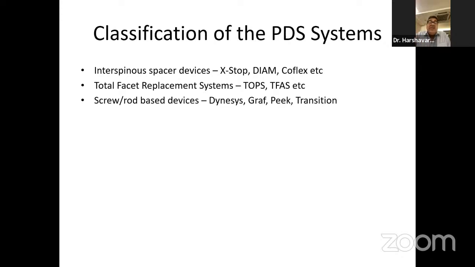The second one, total facet replacement, was never available. The DIAM and the X-Stop worked in some cases, but in most cases they were not applicable. Screw-based devices were started by Genesis, subsequently Graf and Dynesys, and what we have used a fair number of is the Transition. Next slide, please.